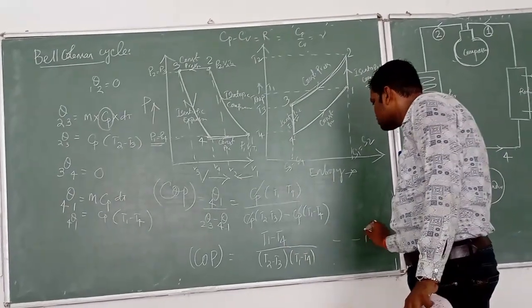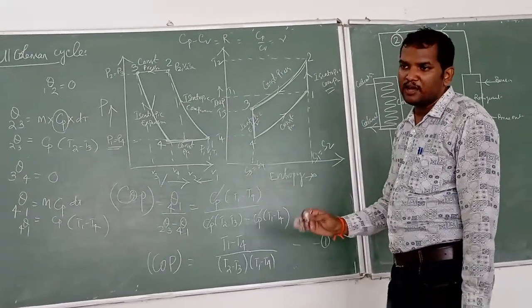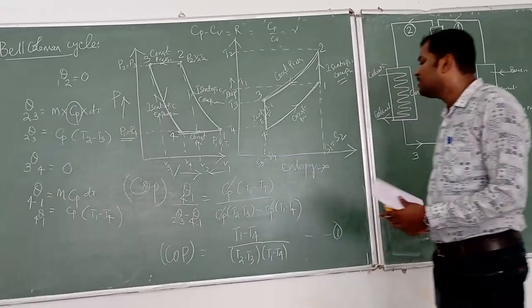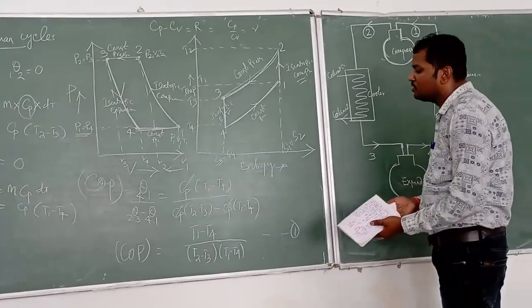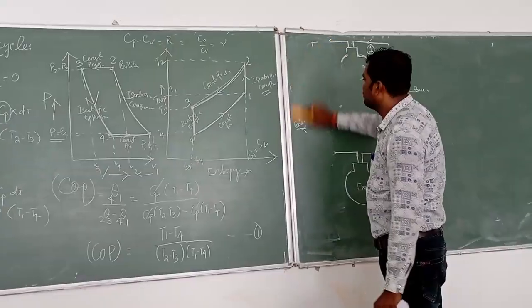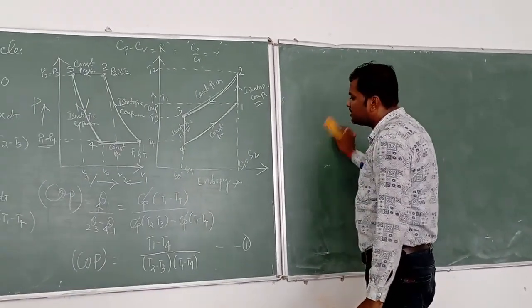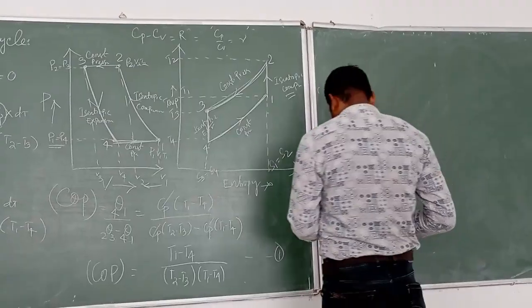This is equation number 1. This can be simplified a little: COP equals (T1 minus T4) divided by [(T2 minus T3) minus (T1 minus T4)]. Okay, so from the upper line we will take T4 common.